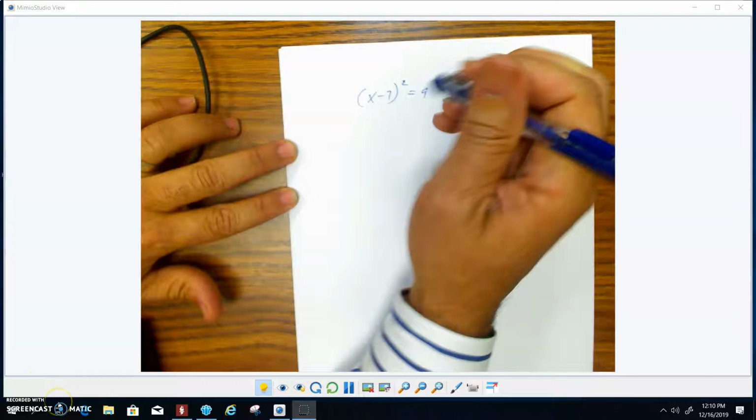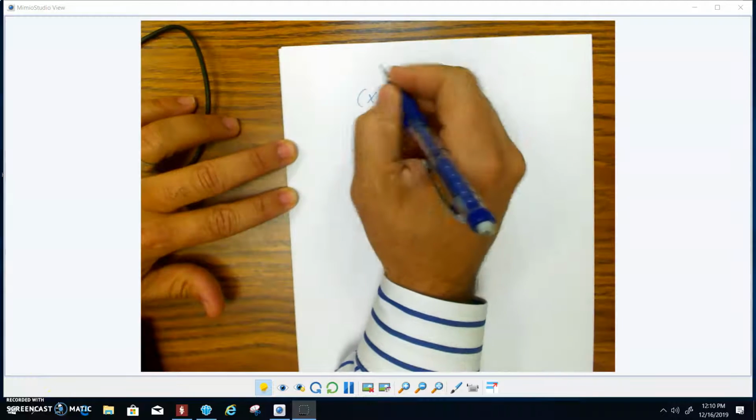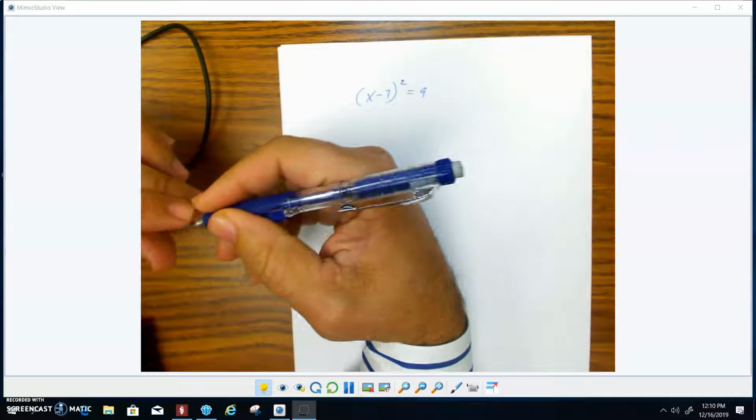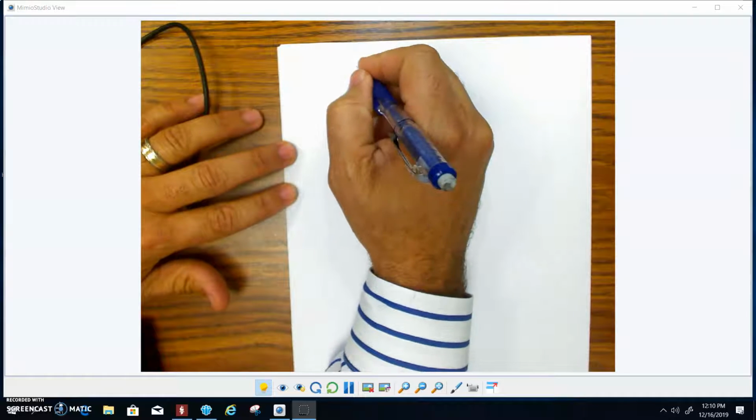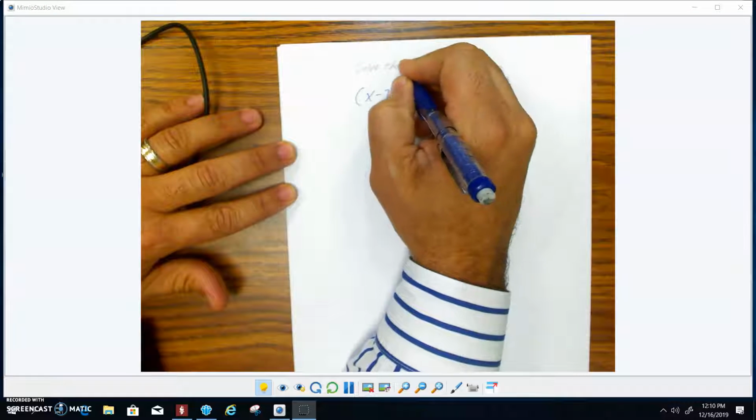Okay, this problem deals with solving the equation using the square root method. Okay, so we're going to solve the quadratic equation using the square root method.